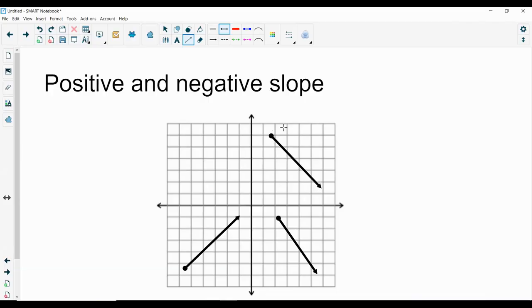Even though it's in the positive quadrant of the graph, it's headed down. So it's a negative slope. And even though this is in the negative section of the x-axis, it's still positive because it's headed in a positive direction. So the placement on here doesn't determine whether it's positive or negative. It's the direction that the line is going.